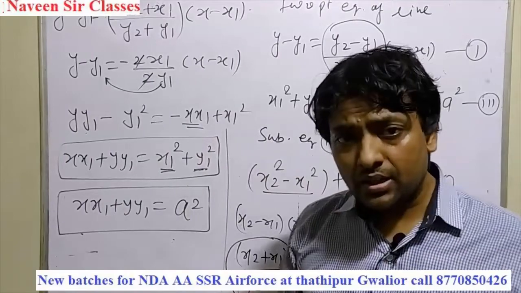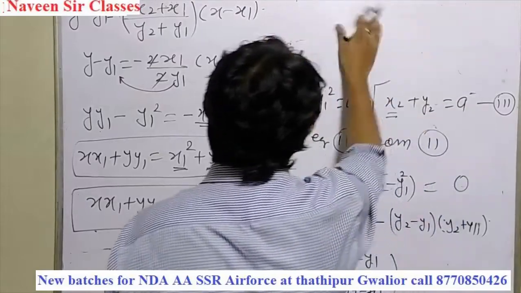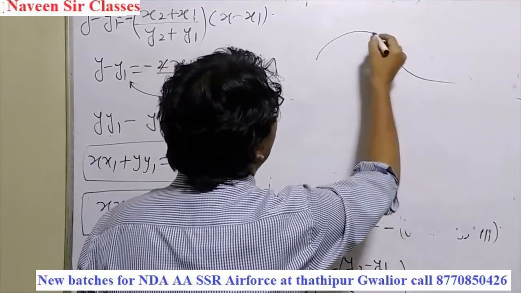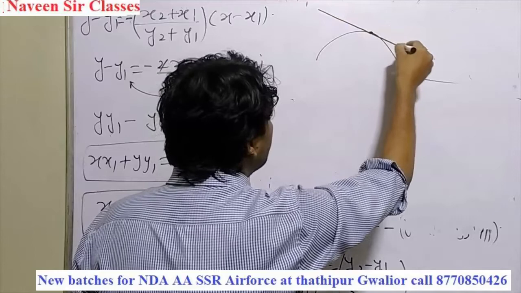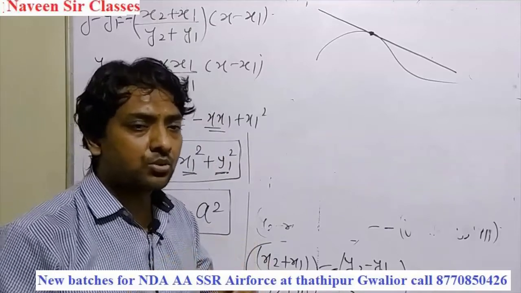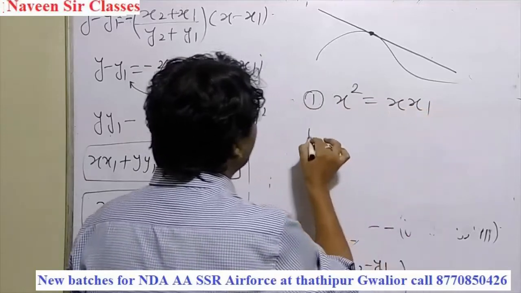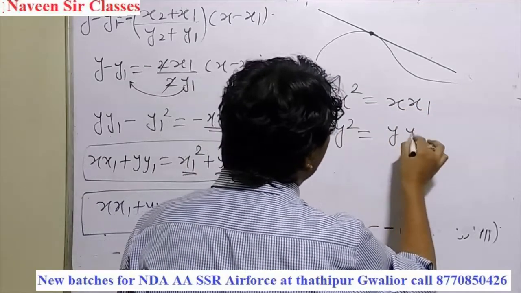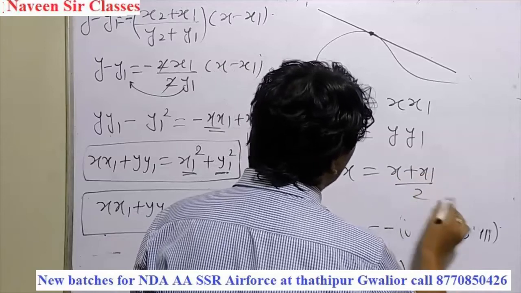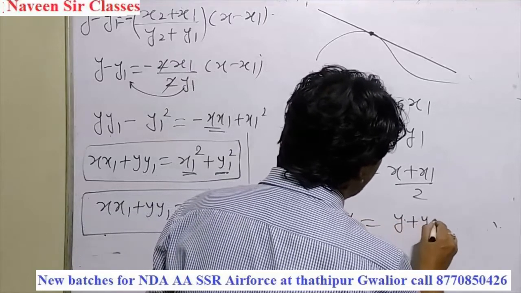So we can make a very simple conclusion from this, that whenever a point lies on the curve, then we can find the equation of tangent by putting some substitutions, and the substitutions are: first, put x square equal to x x1, y square equal to y y1, third, x equal to x plus x1 upon 2, and y equal to y plus y1 upon 2.